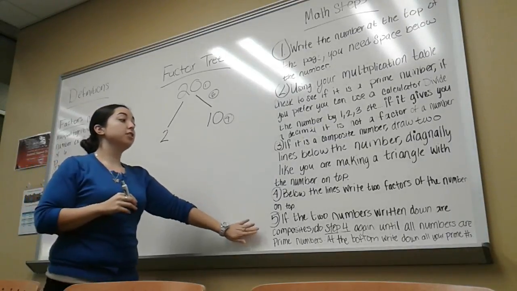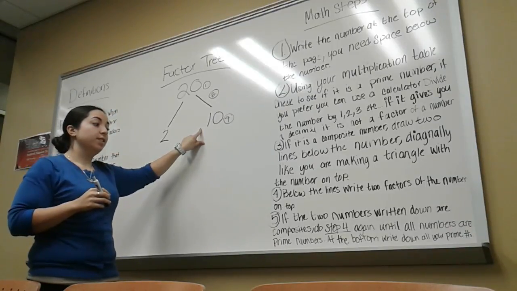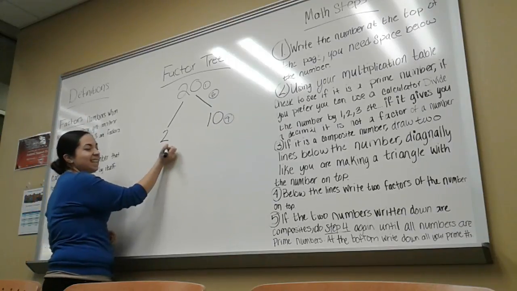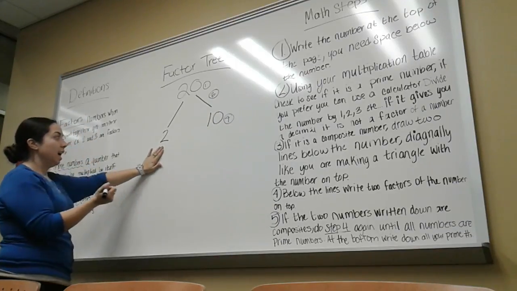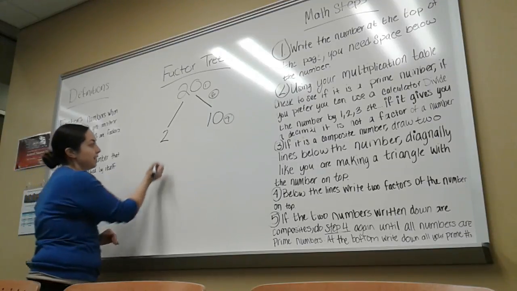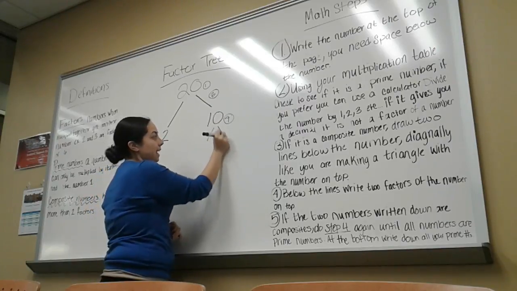Now step number 5: if the 2 numbers written down here are composites, do step 4 again. So is 2 a composite number? Can anything other than 1 times 2 give me 2? No, so we leave that one alone. What about 10?